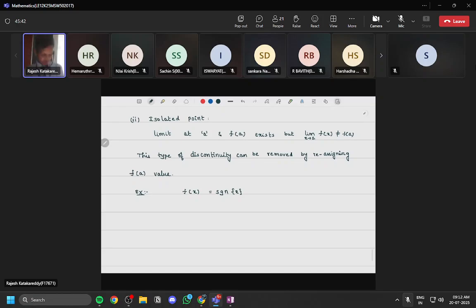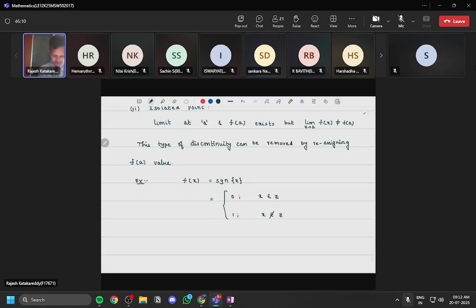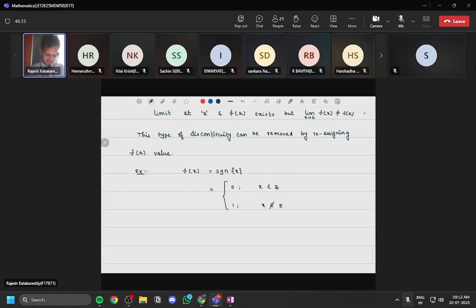Signum of the fractional part of x will be 0 when x is an integer, or else 1, when x does not belong to an integer. So at every integer, the function is discontinuous.